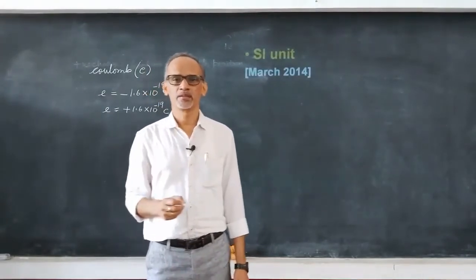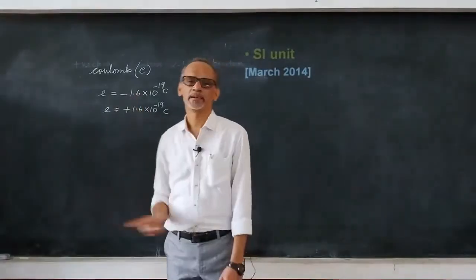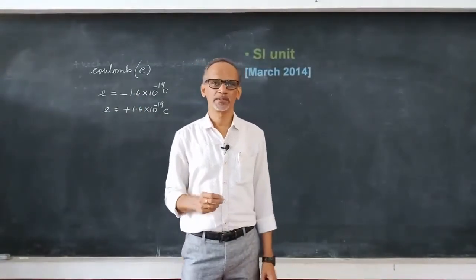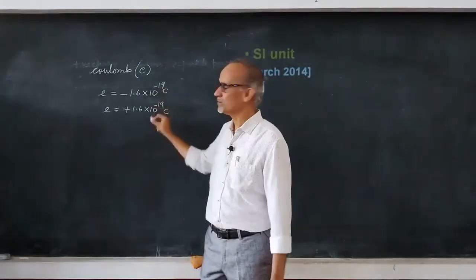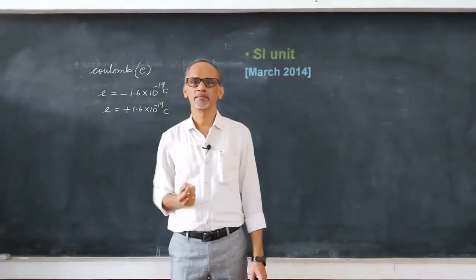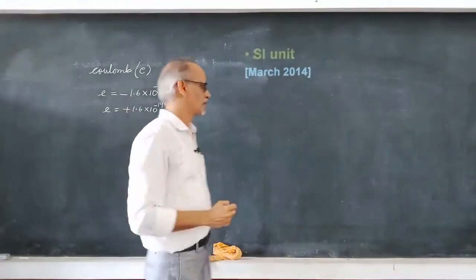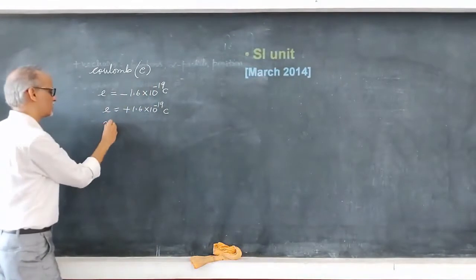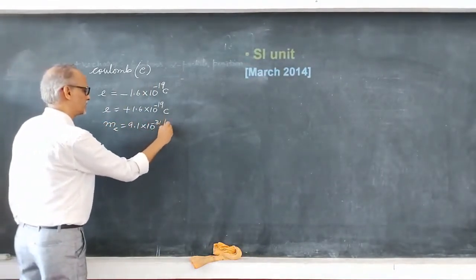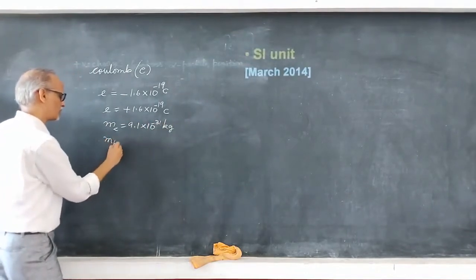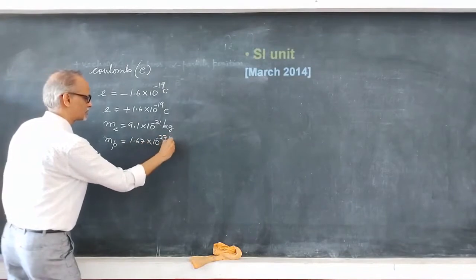The charge on the proton is plus 1.6 into 10 to the power minus 19 Coulomb, and the charge on the electron is minus 1.6 into 10 to the power minus 19 Coulomb. What is interesting here is that their values are the same. The only difference is that one is negative and the other is positive. You should also remember the mass of the electron, which is 9.1 into 10 to the power minus 31 kg, whereas the mass of the proton is 1.67 into 10 to the power minus 27 kg.